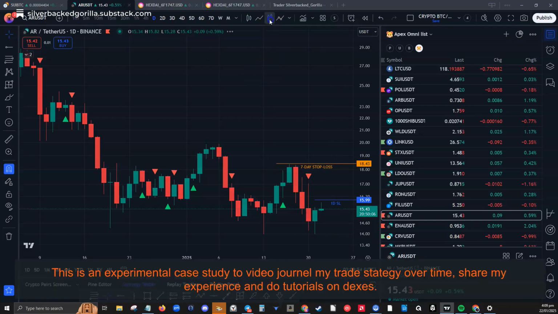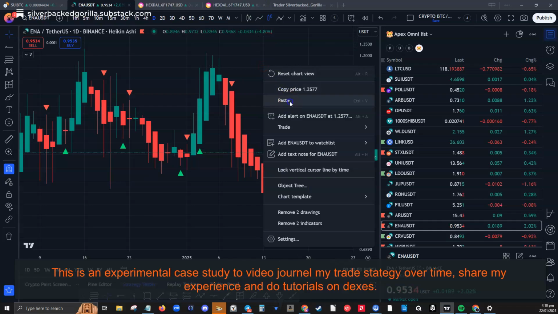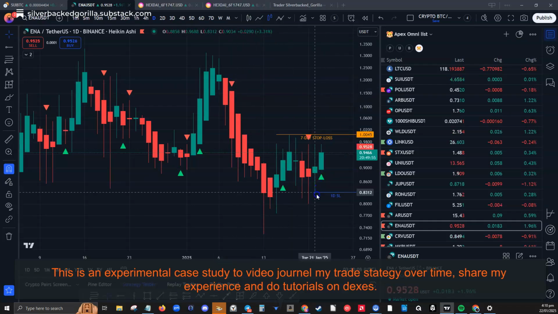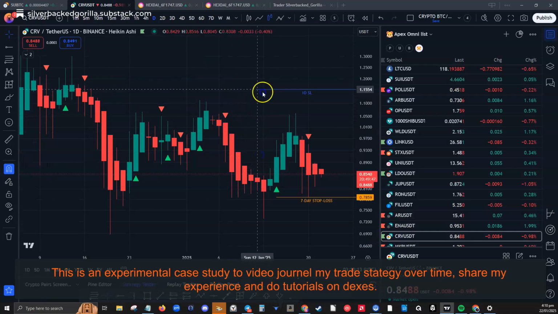So I would say an active short there, opportunity for sure. Okay, and then we have, okay, so conflict straight away. Daily green, weekly red. Weekly green, daily red, conflicts straight away.